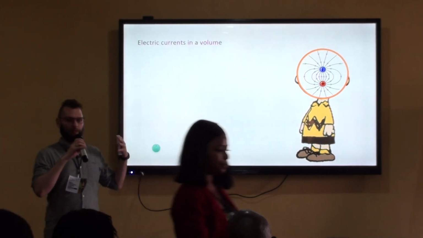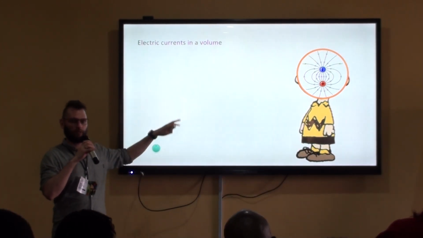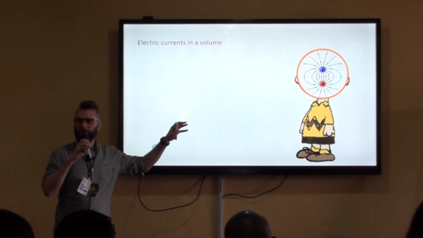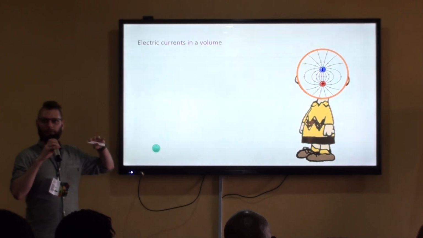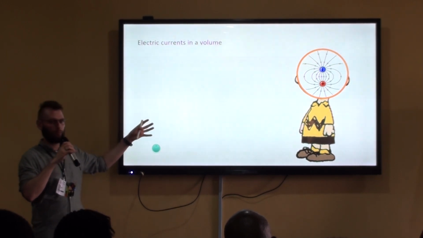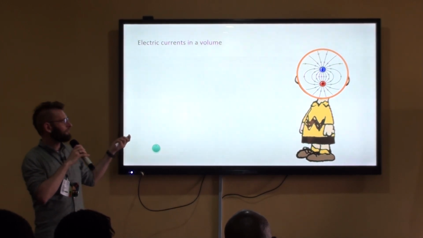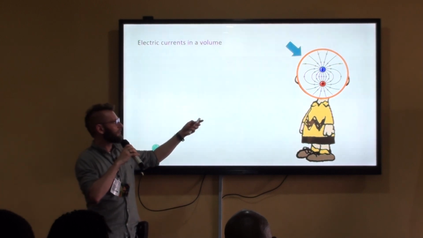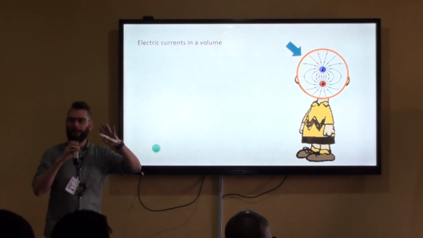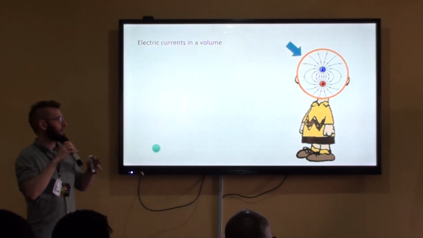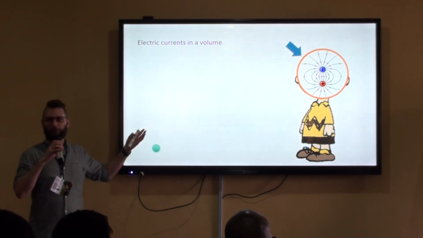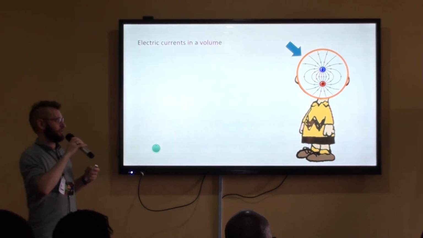And if this was just a closed sphere with a vacuum inside, these electric fields would just propagate. And what we could measure from this field inside the volume is then how this field looks at the outside of this sphere. And in principle, that is what we do with EEG.